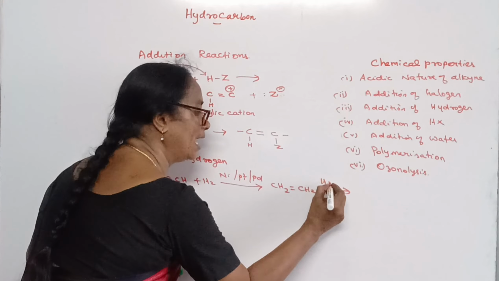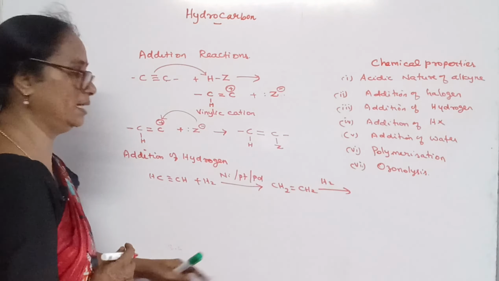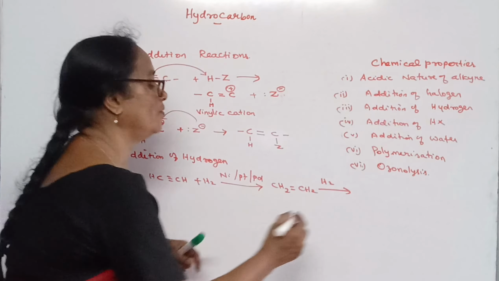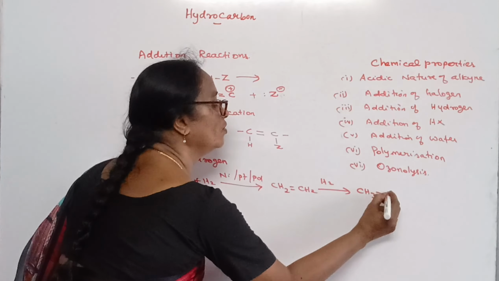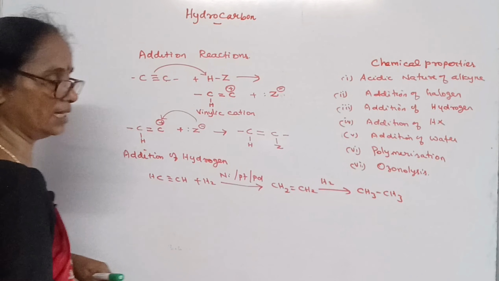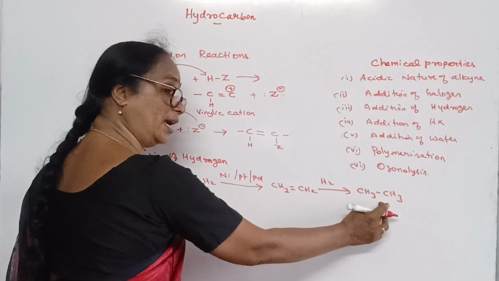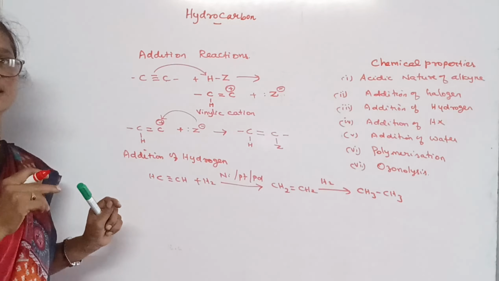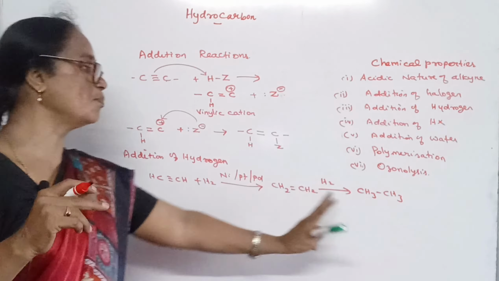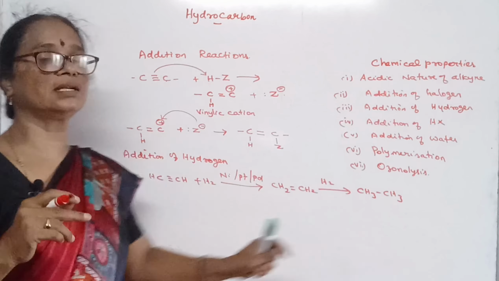Further, it can add one more molecule of hydrogen that could also be shared between the 2 carbon atoms. So we will get CH3CH3. So an alkyne is converted into alkane. This is addition of hydrogen. So an unsaturated compound gets into a saturated compound.